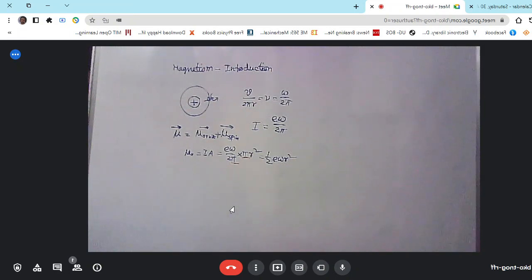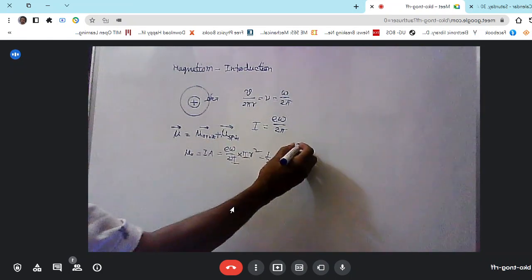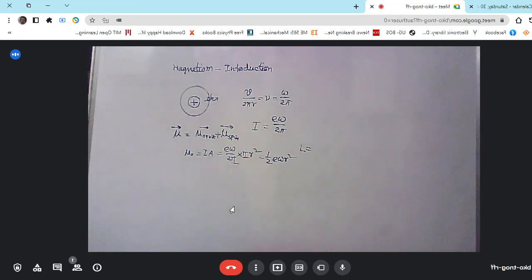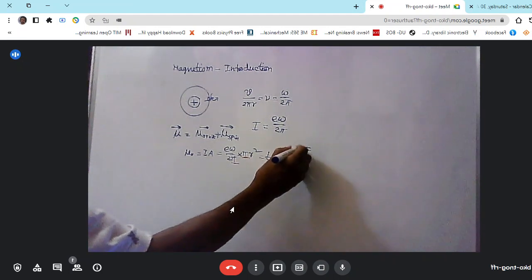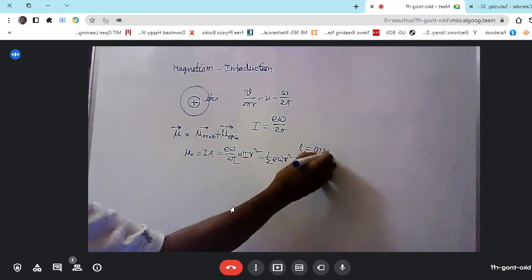Now, what is the angular momentum of the electron? If it moves round the circle, this electron has mass m, so the angular momentum l is equal to m v r, that is, p cross r.